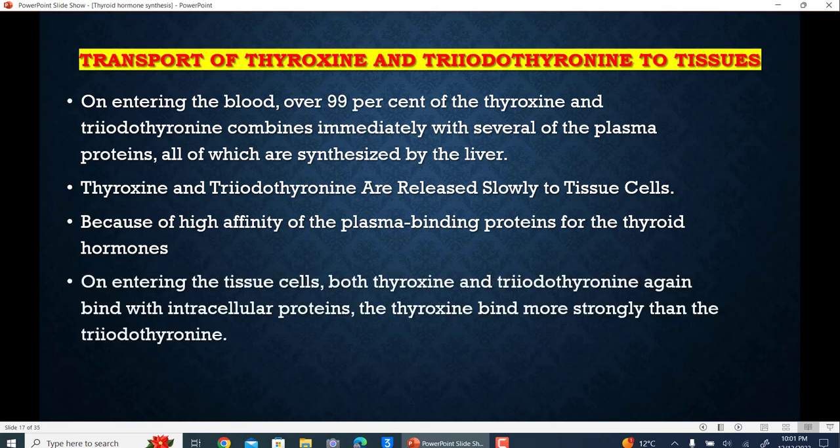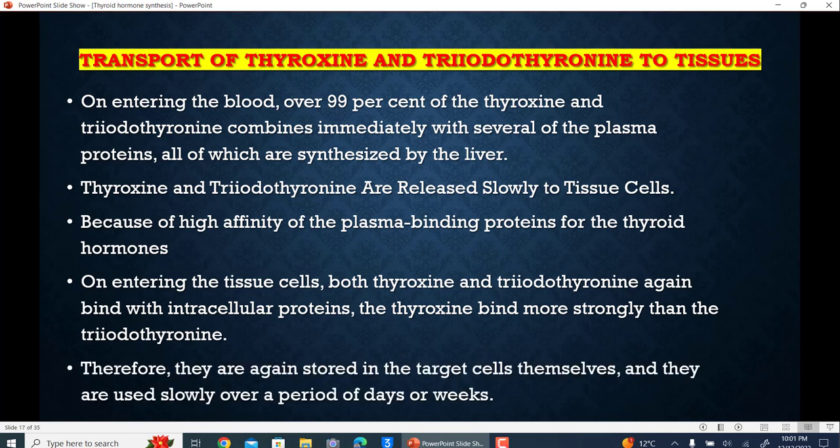On entering the tissue cell, both again bind with intracellular protein. The thyroxine binds more strongly than the triiodothyronine. Therefore, they are stored in the target cells themselves, and they are used slowly over a period of years.